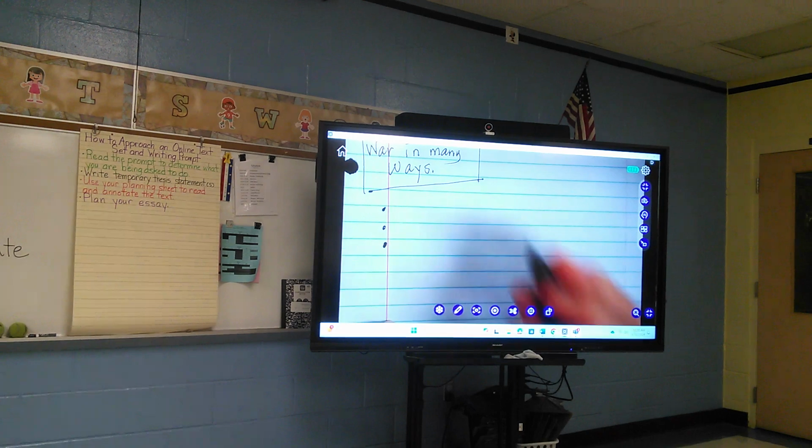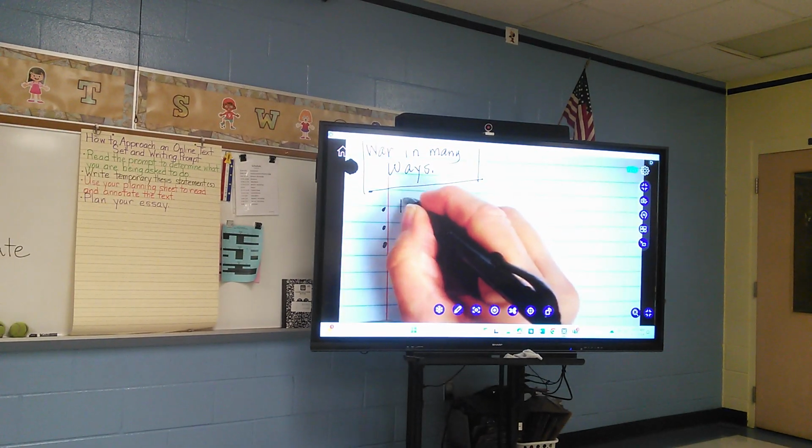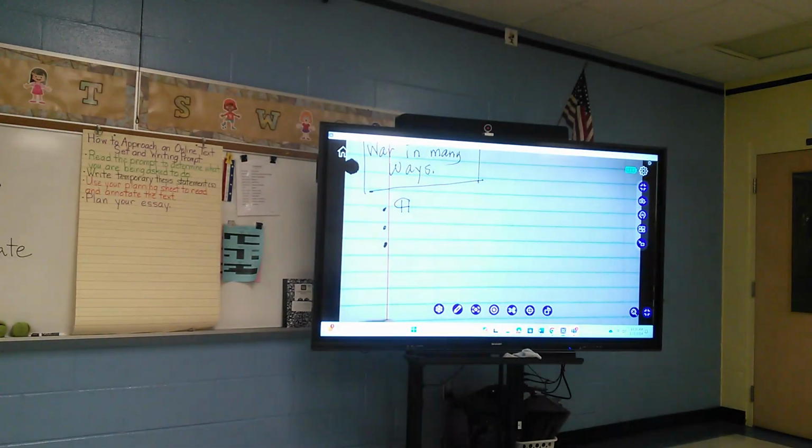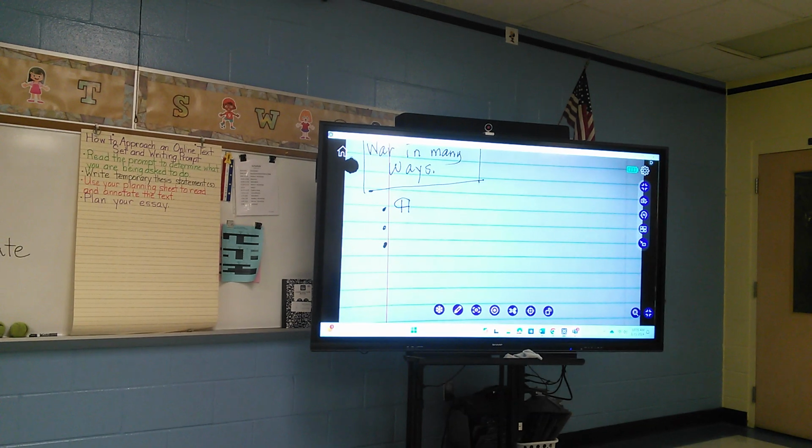And if you remember, I taught you the symbol for a paragraph. And going back to your annotations, you're going to be able to put the detail that you want. Which paragraph did that appear in? You don't have to go back to the text, although you can if you want to reread. All you need to do is to write down the number.